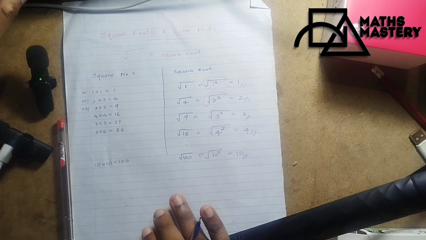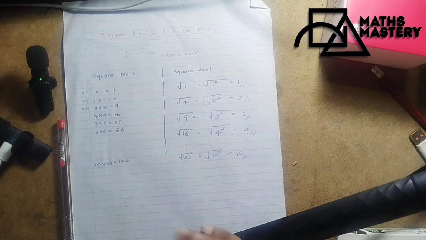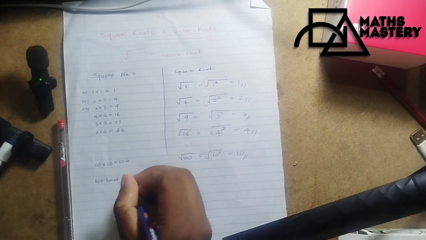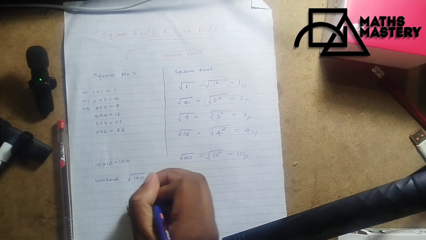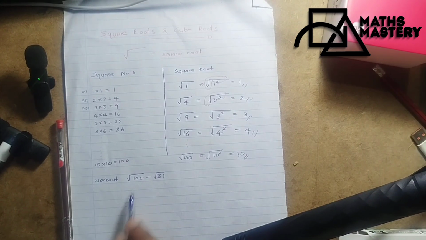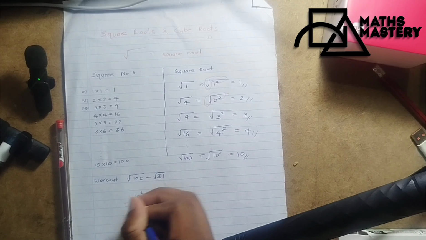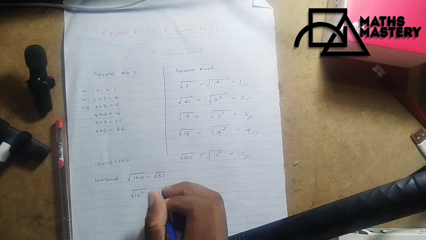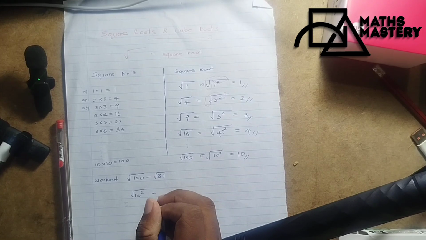Now, there is a worked example 1.1 in your textbook. Let's refer to that. Work out square root of 100 minus square root of 81. We have learned in the square root theory that 100 is 10 square. 81 is 9 square, because 9 times 9 is 81.